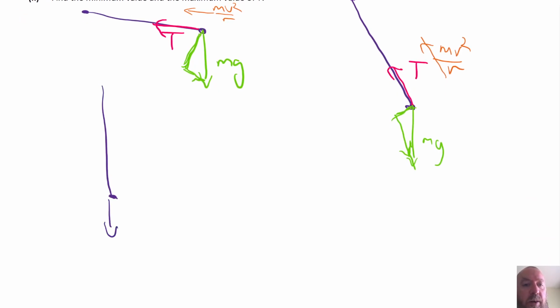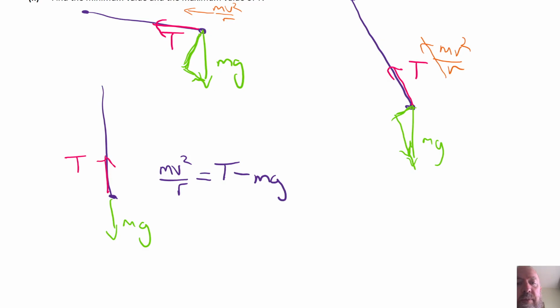where you've got mg straight down, T up. So that would be, what is it? mv squared over r equals T minus mg.